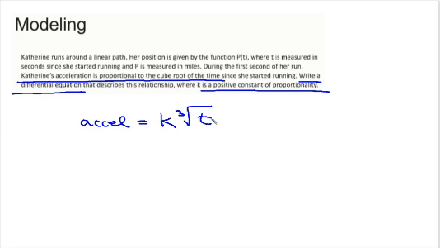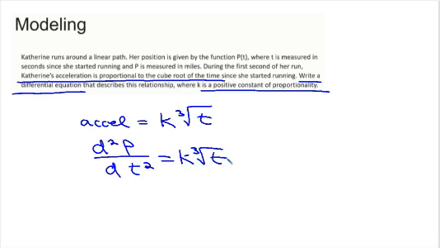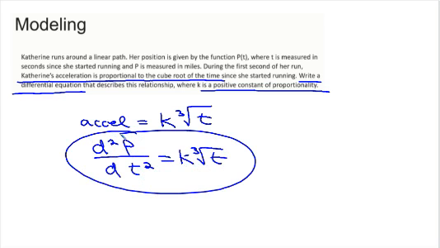Now, all I need you to remember is that acceleration is the first derivative or the second derivative? It's the second derivative. So what I need to put here is the second derivative of p, which, if you remember, we write it like this. And other than that, that problem is done. There's our equation.